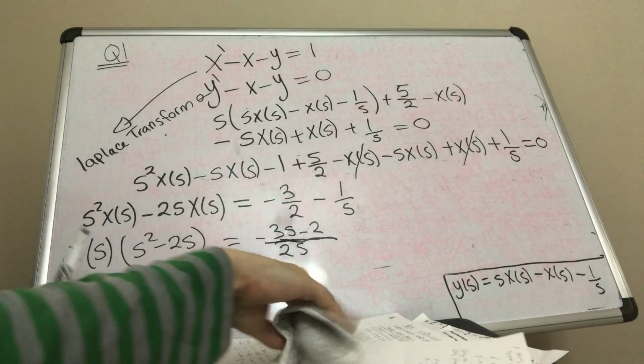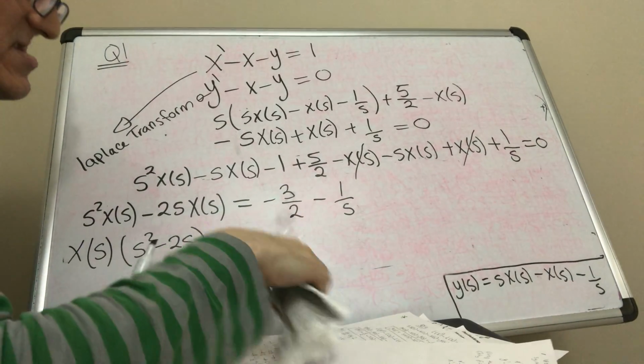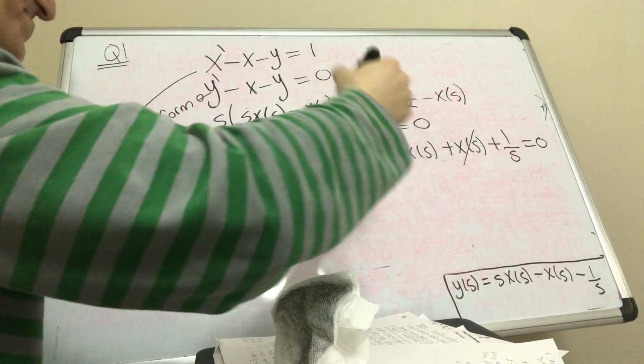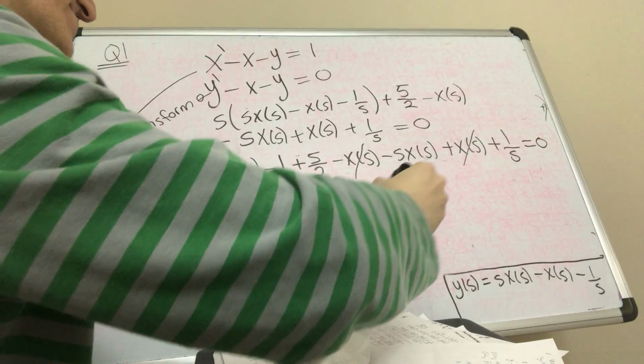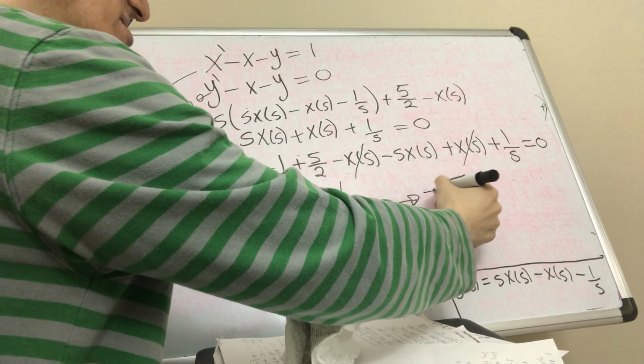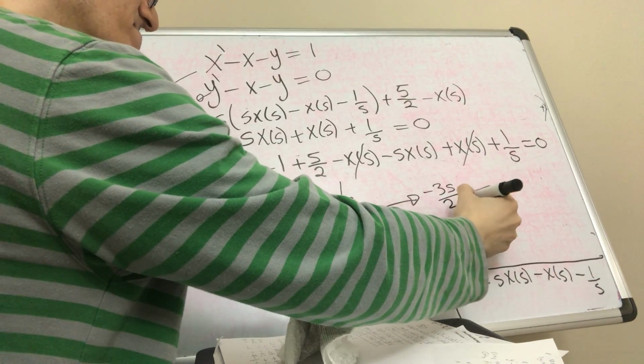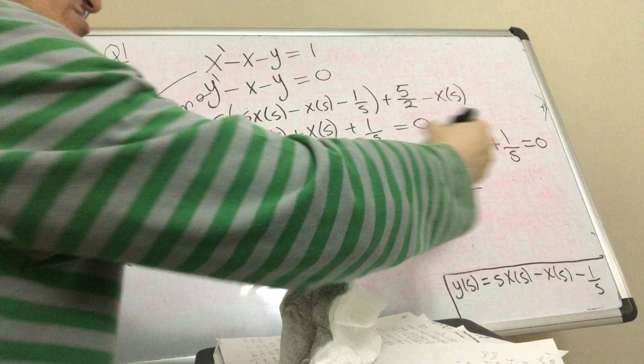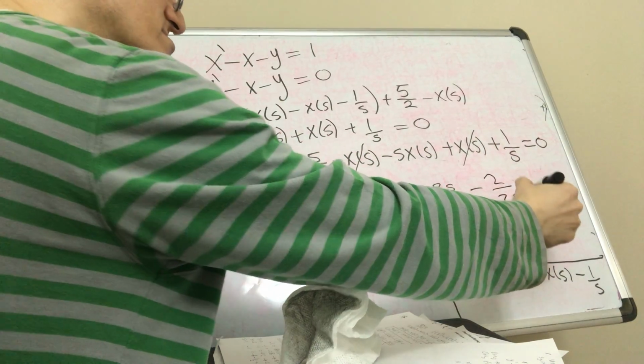So if you do the common denominator for this, you multiply s top and bottom, and the 2 top and bottom.